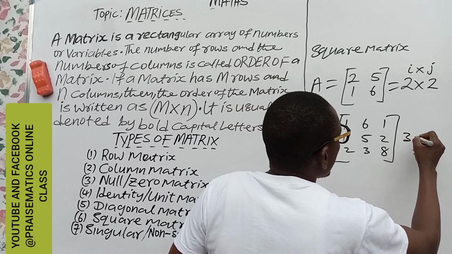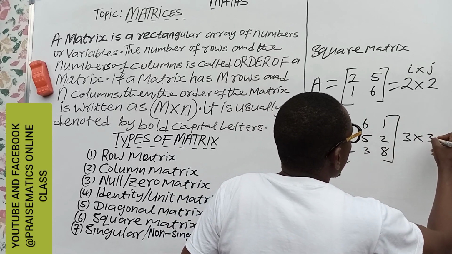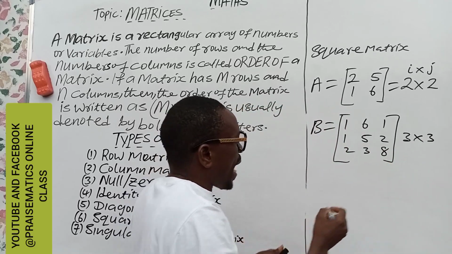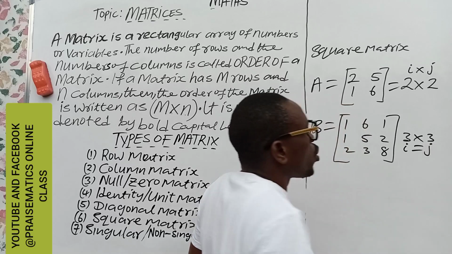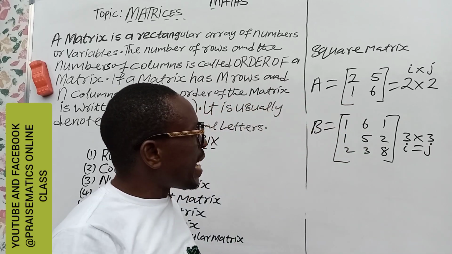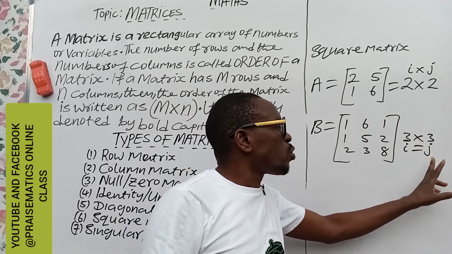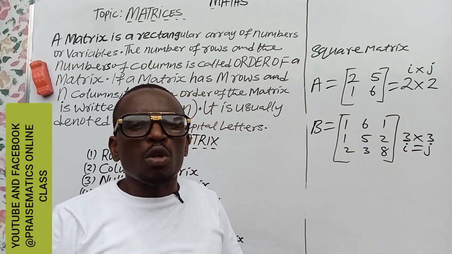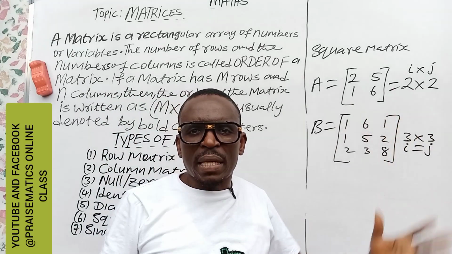We call it 3 by 3. So a situation whereby i is equal to j is called square matrices. A type of matrix in which the number of the rows is equal to the number of the columns is called a square matrix. We still have non-square matrices.